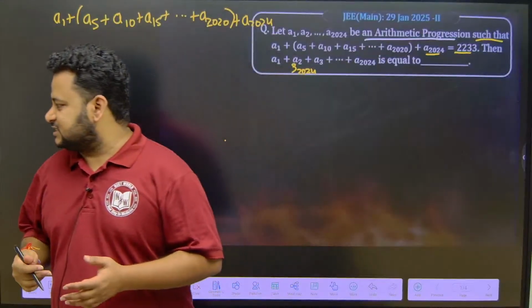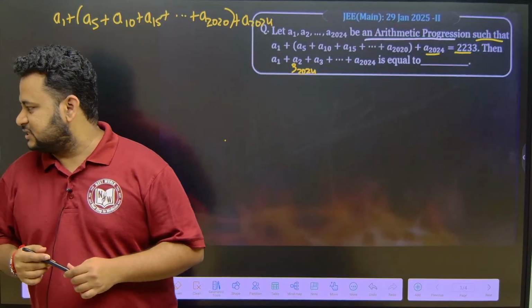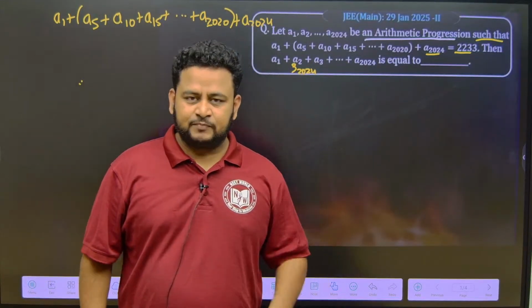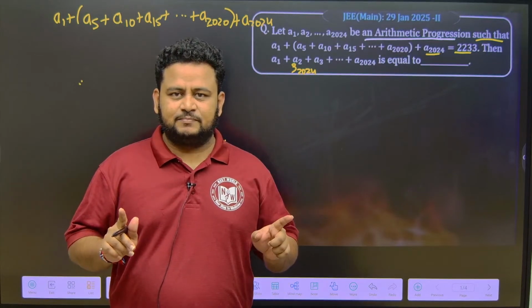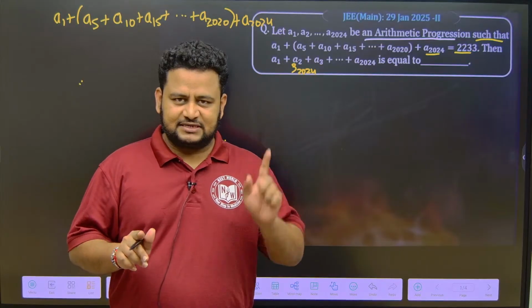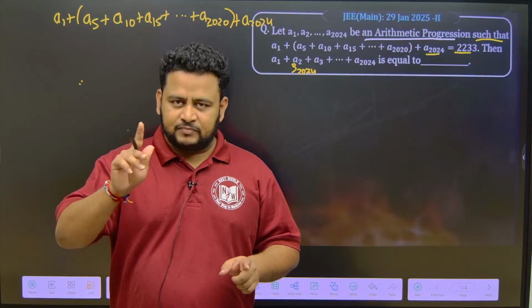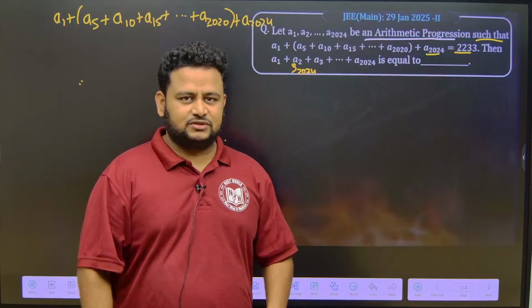Now in an AP, I have told you about the Bhangra trick. Those who attended our concept classes will understand what we mean by the Bhangra trick. First term plus last term will be equal to second term plus second last term, and will be equal to third term plus third last term. So that is what we will apply here.